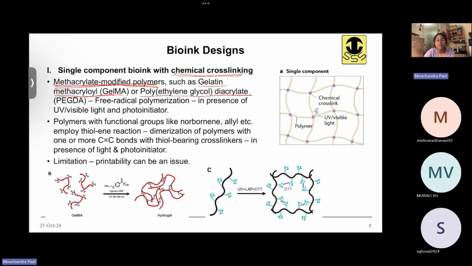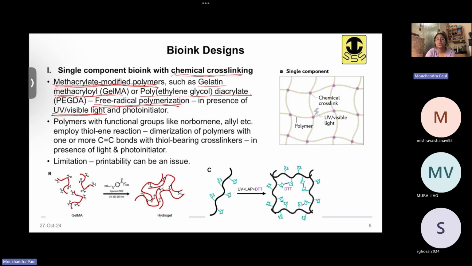PEG, or polyethylene glycol, is another very well-known biopolymer, and a diacrylate group is added at its backbone. Because of the addition of these groups, these polymers can now be covalently cross-linked by free radical polymerization in the presence of light.